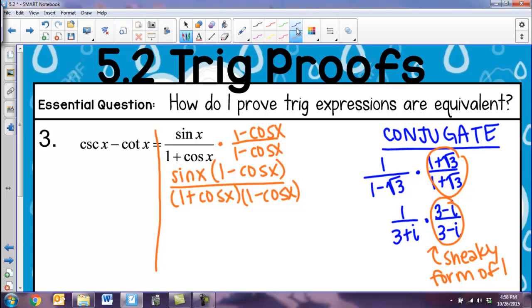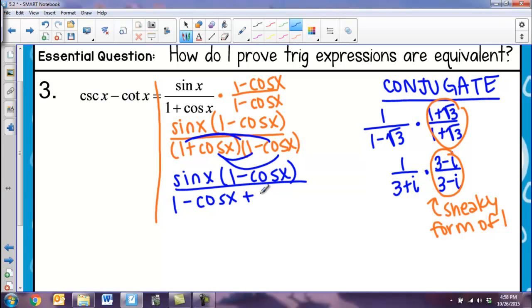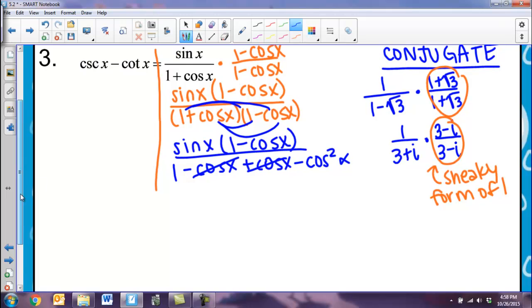So you would do some distribution here, or some FOIL, and what should happen is that the regular cosine term is going to cancel. So this would be sine x times 1 minus cosine x on the top, which I haven't changed at all. Then I'd have 1 minus cosine x plus cosine x minus cosine squared x on the bottom. These guys go away, and I'm just left with something that might help me out.